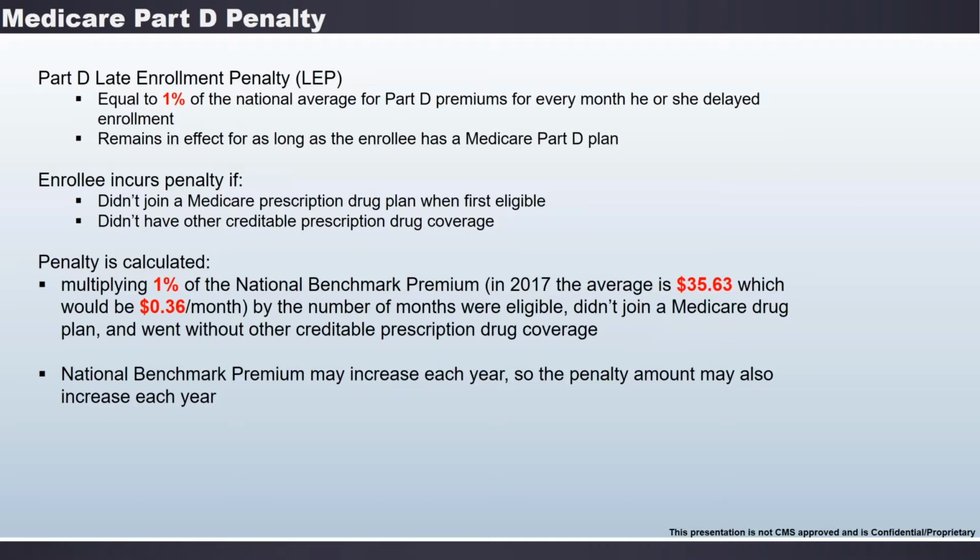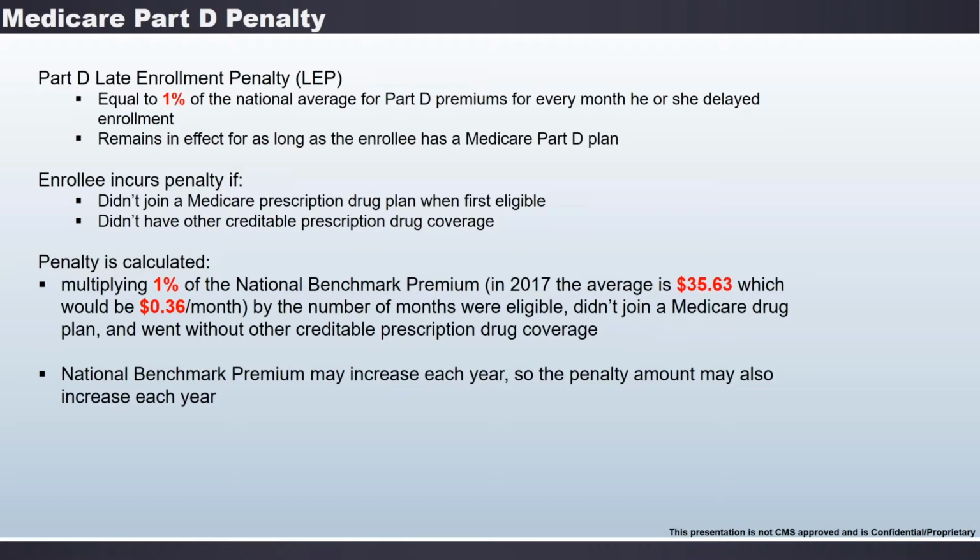If the individual didn't enroll, it's going to be $8.64 for the rest of the time that they would be enrolled in a Part D plan. Now that was just 2 years. Imagine if they go 10 or 20 years without enrolling in a Part D. It'll make it just prohibitively expensive. So don't let that happen to your customers.